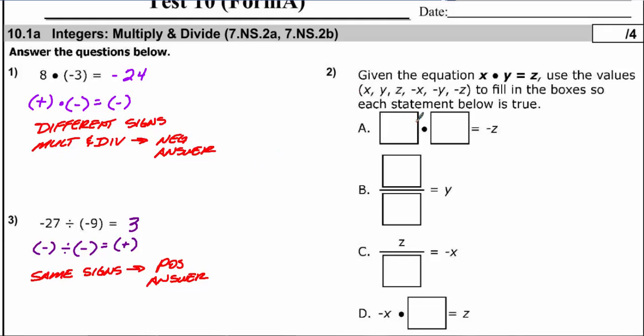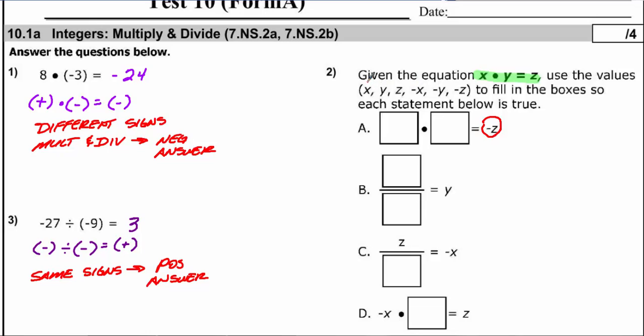In problem 2, part A, first off, let's look at the rule for this. You have to know the rule. The rule is x times y equals z. We don't know what x is, we don't know what y is, but we do know x times y is equal to z. So, in part A, we look at the answer. The answer is opposite of z.